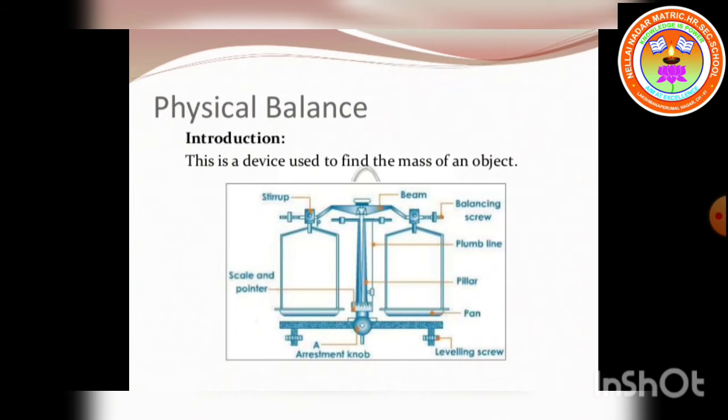The next one is physical balance. This balance is used in labs and is similar to the beam balance, but it is a lot more sensitive and can measure mass of an object correct to a milligram.